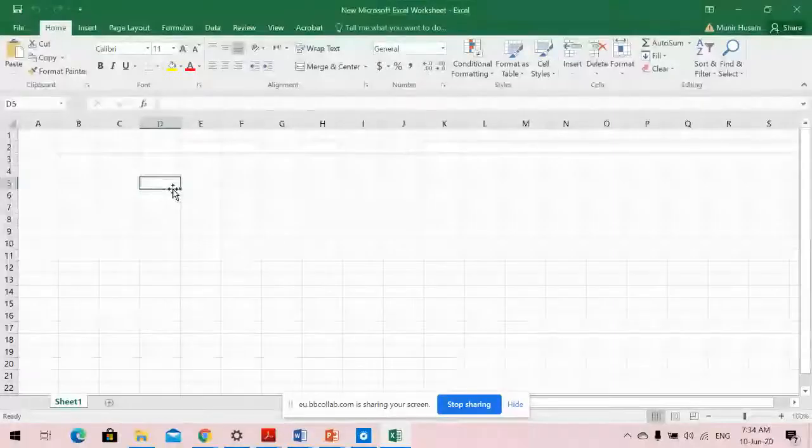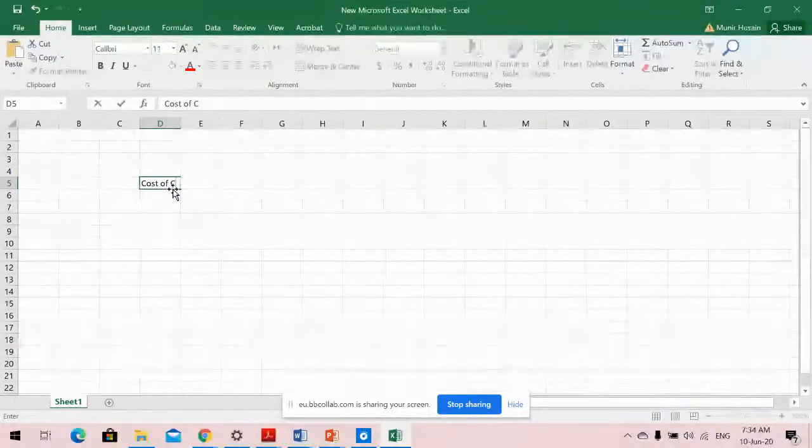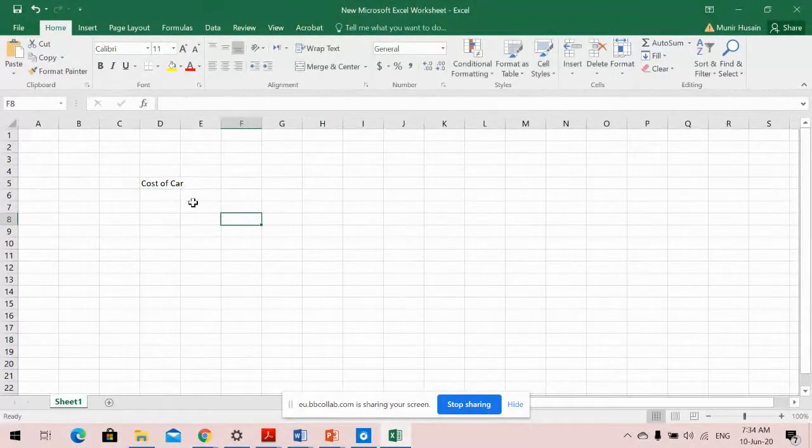Now I'm sharing my screen with you. To explain depreciation, I can give you an example of a car which you purchase, the cost of the car, or purchase value.